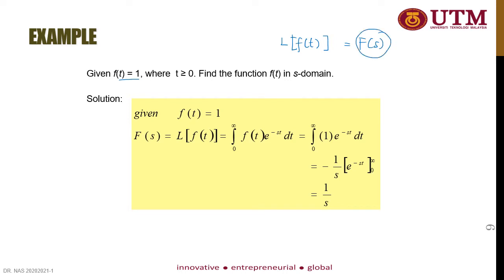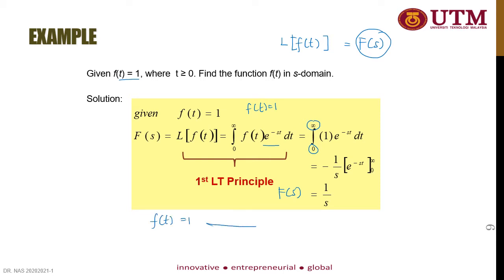In order to do that, you need to use the first principle, meaning that you need to integrate the given signal f(t), in this case f(t) equal to 1, multiplied by e to the power of minus st dt, and the limit is from 0 to infinity. Perform the integration so that you get F(s) equal to 1 over s. So in this case f(t) equal to 1, when you do the Laplace transform, you get F(s) equal to 1 over s.